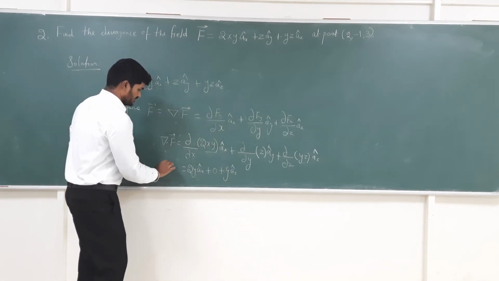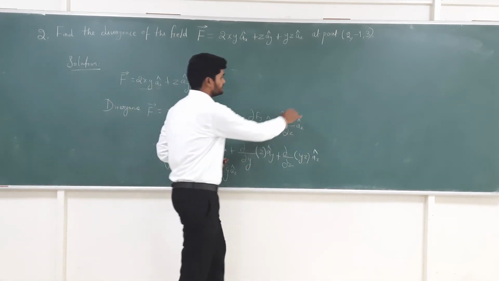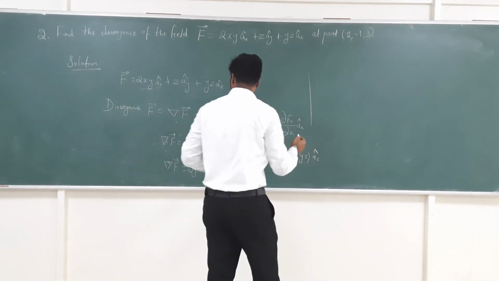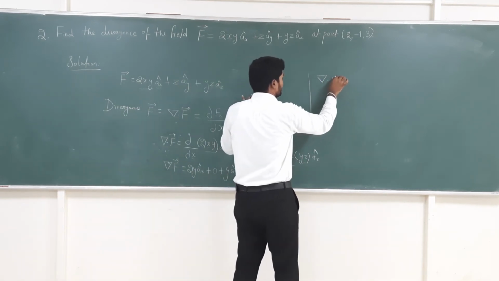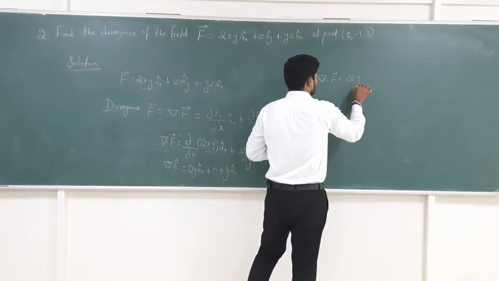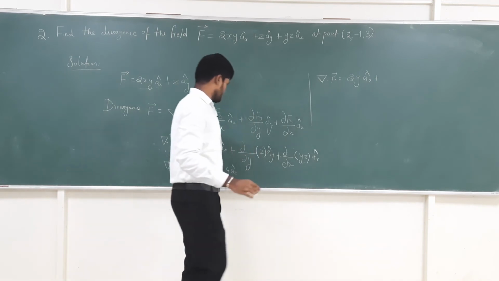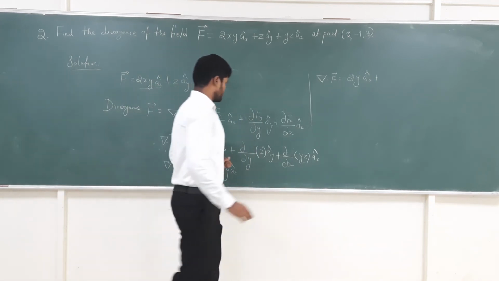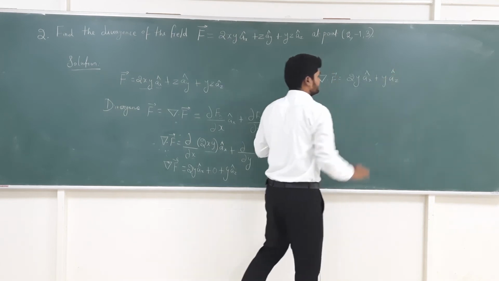Okay, this is del dot F vector. Now the del dot F vector is equal to 2y a_x cap plus y a_z cap.